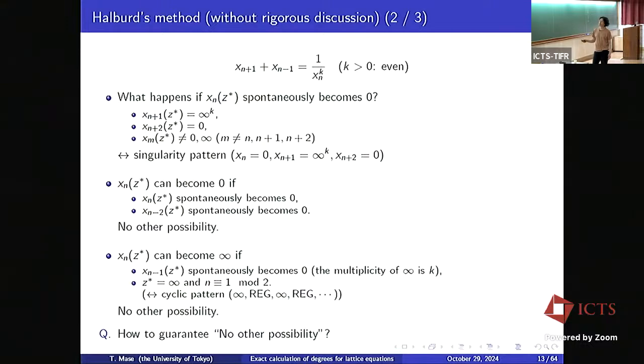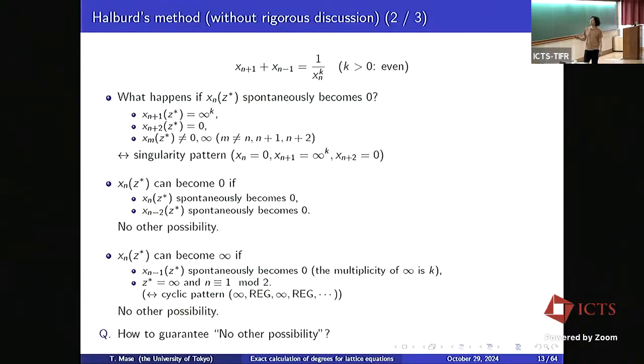And no other possibility. How to show that? Good question, but I won't answer that question. Okay, and how about the value infinity? So there are only two possibilities. If xn minus 1 spontaneously becomes 0, then because of this pattern, this is xn minus 1, and this is xn, and xn is infinity to k. So the multiplicity of infinity is k.